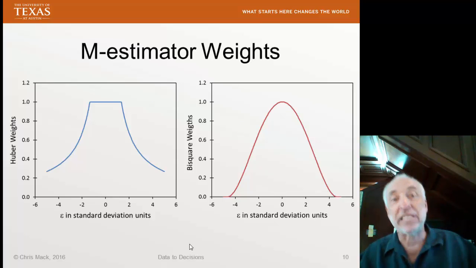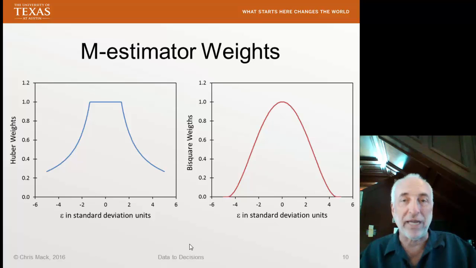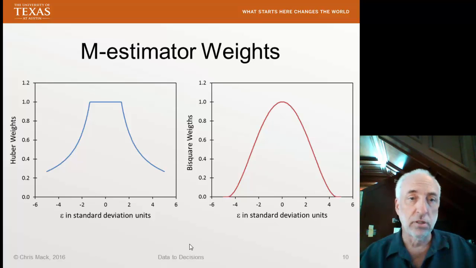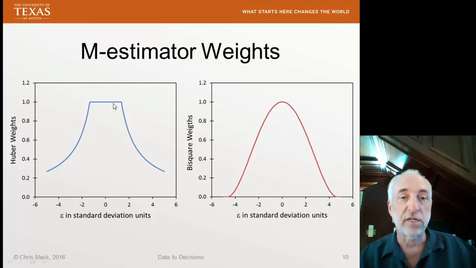Another way of looking at how these estimators work is by looking at the weights. Remember, we're doing essentially a weighted regression here. What the Huber M-estimator does is it weights all the data points to be 1 out to 1.4 or so standard deviations away. And it starts weighting them lower and lower.